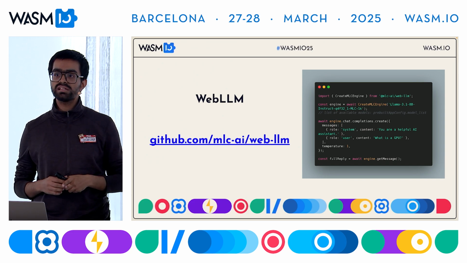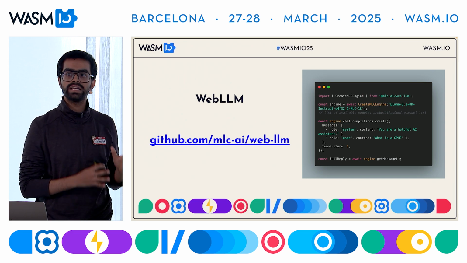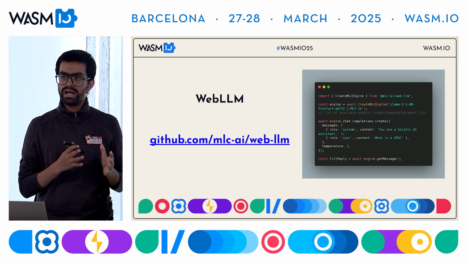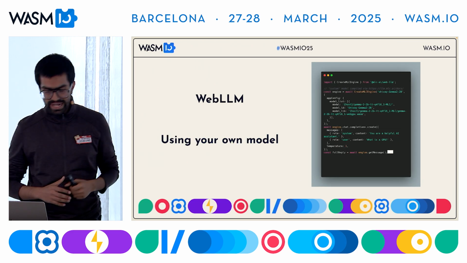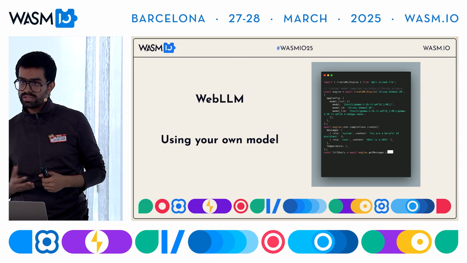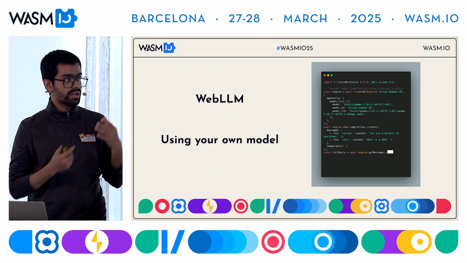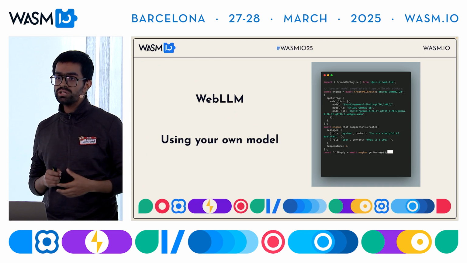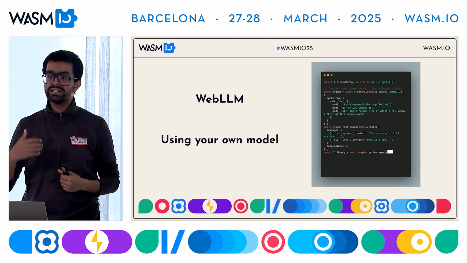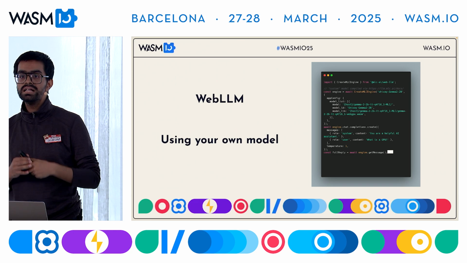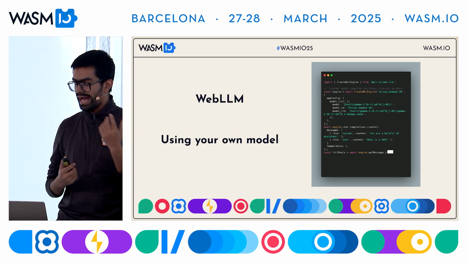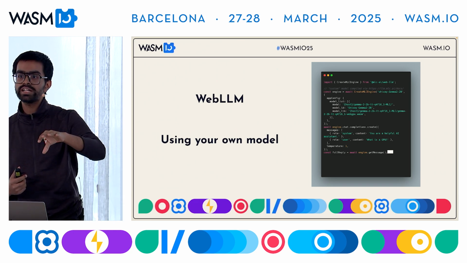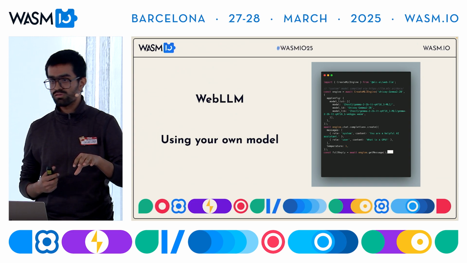But of course, the magic is that this LLM is completely running in the browser thanks to WebGPU and WebAssembly. In fact, you can also bring your own model. WebLLM or MLC allows you to convert your own model. So if you don't want to use a Gemma model, you can also use something like a Llama 2 or Llama 3 model that's optimized to run in the browser, and MLC will help you convert it into the format that runs in the browser, and you can execute it.